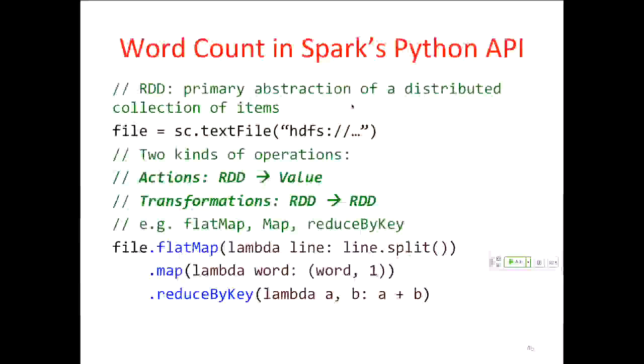So here we use flatMap and map to generate these pairs, and then by using reduceByKey, we get the total counts for each word, okay? This is very simple. You will practice this Spark in the section and in the lab, and finally you will use Spark for your project, okay? Any questions on Spark here?